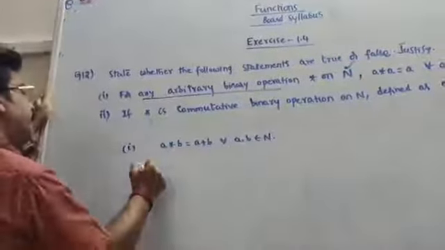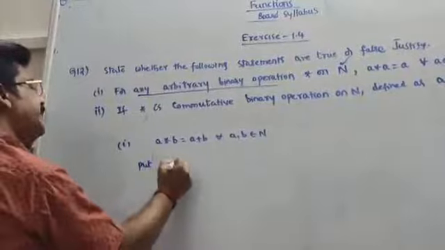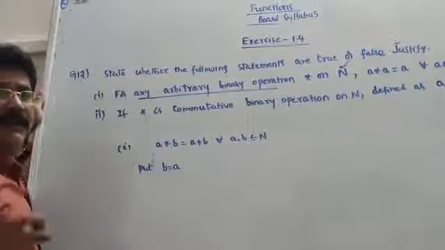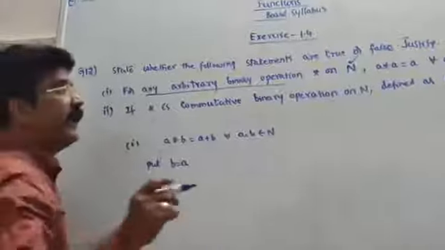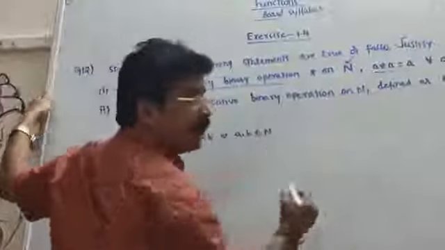Put B equal to A. What is the need of putting B equal to A? To obtain A star A.